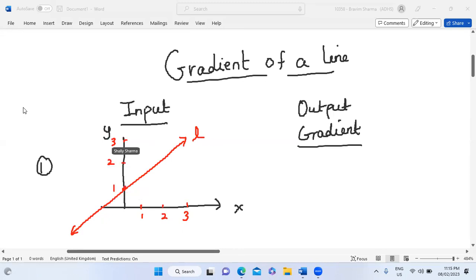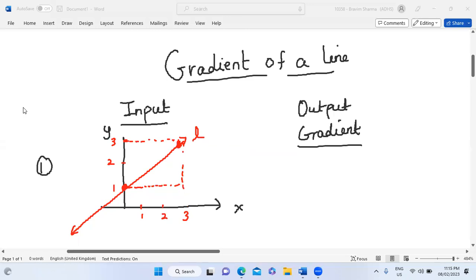So in order to find out the gradient from this line, let's say I'm taking 2 points on this line. One is this point, and another point I am taking is this one. If I have to find out the gradient of this line, the method is called rise over run.